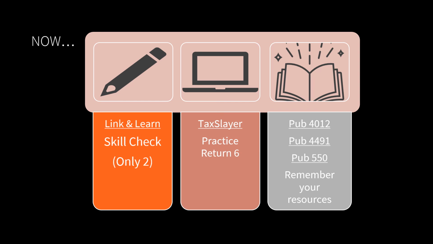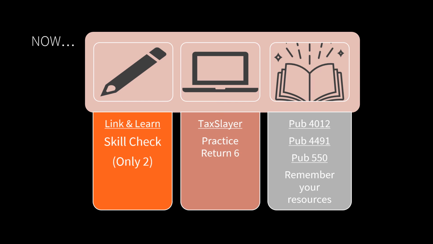And then after that, you can head on over to TaxSlayer. There's a practice return actually right in TaxSlayer. It's practice return 6, and that's for the Satcher return. If you are in Accounting 496, you'll find that return as well on Canvas.